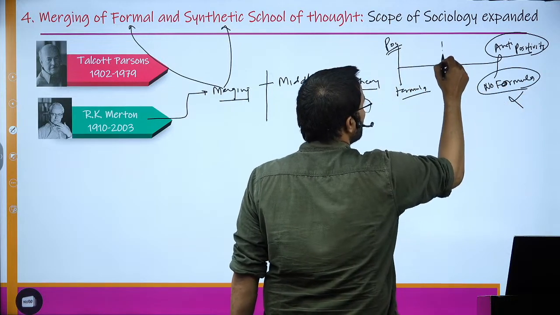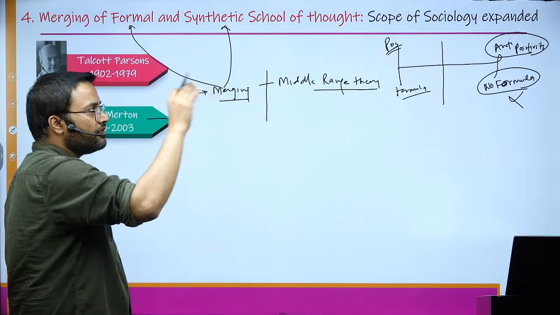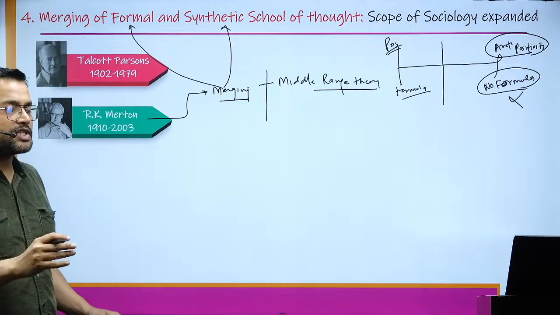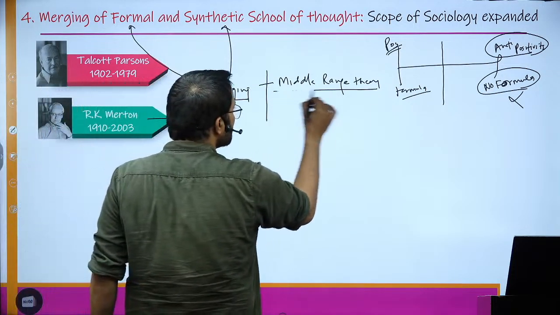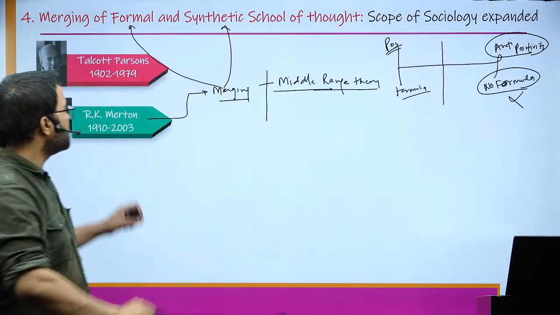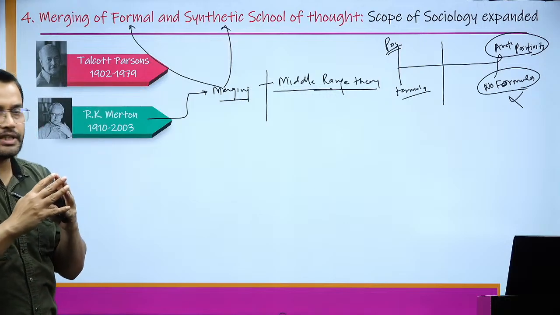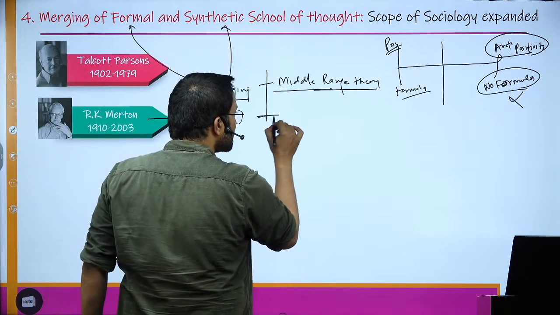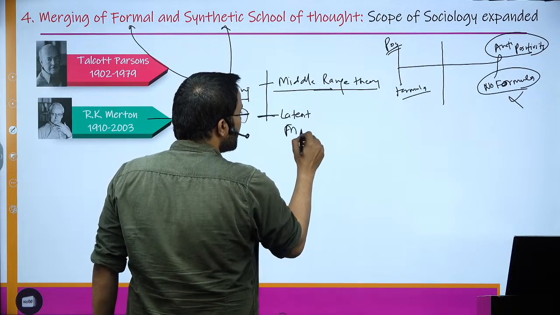He was saying always take a middle path, like a Buddha, because your behavior is a culmination of both social factors and individual factors. So he was talking about middle range theory, reconciling both the formal and synthetic schools of thought into one single theory. He was also talking about things like latent functions and manifest functions.